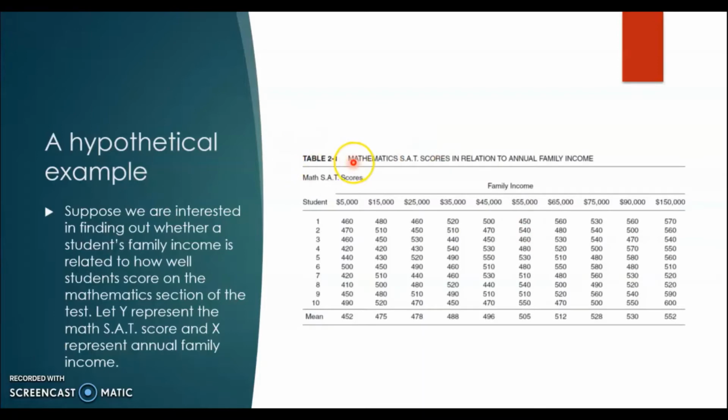The income variable has been broken into 10 classes. The first class represents the income of less than $10,000.